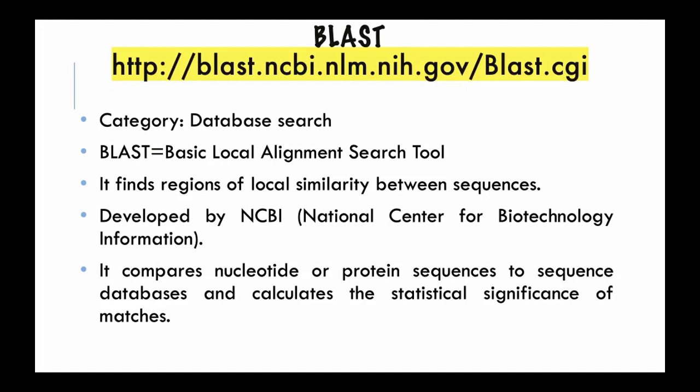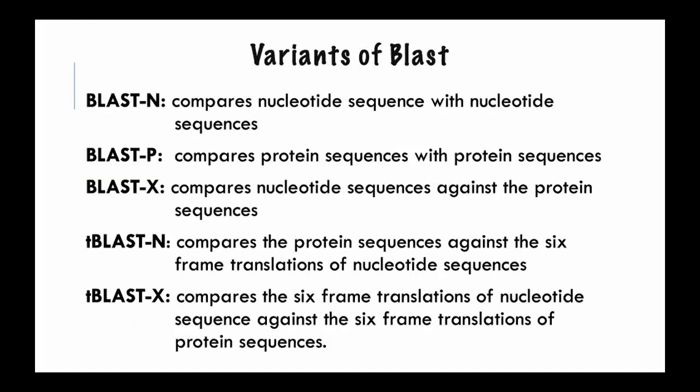And we're going to look at the variants of BLAST. So we have BLASTN, BLASTP, BLASTX, TBLASTN, and TBLASTX. BLASTN compares nucleotide sequences with nucleotide sequences, and BLASTP compares protein sequences with protein sequences.